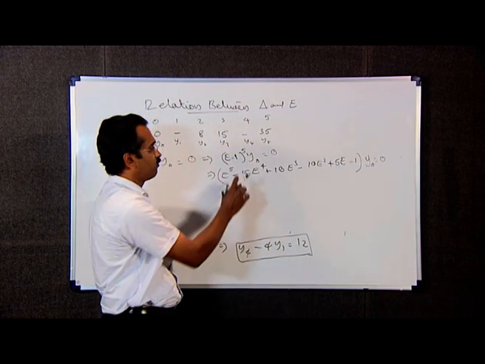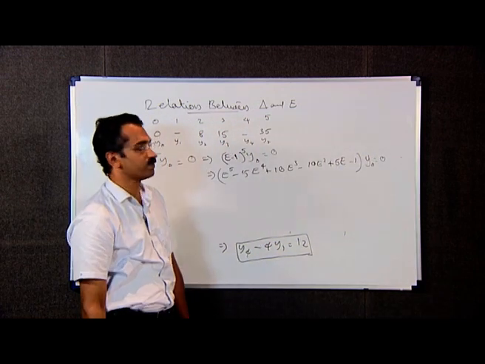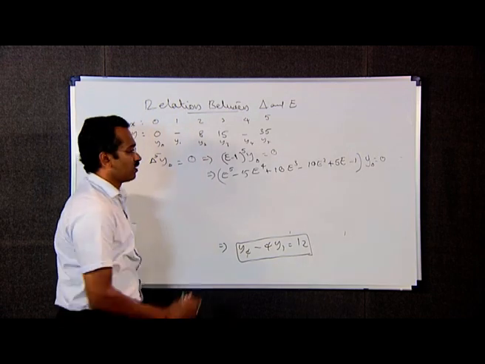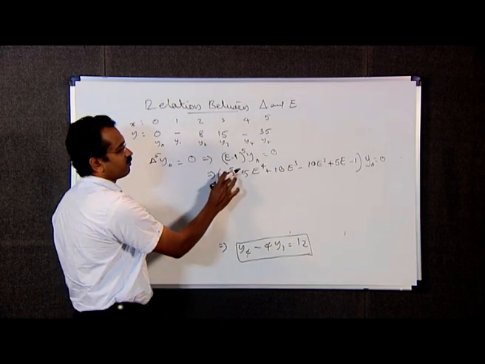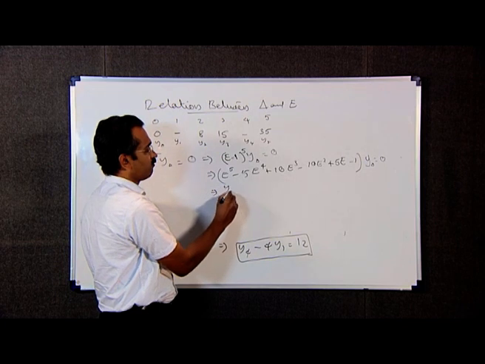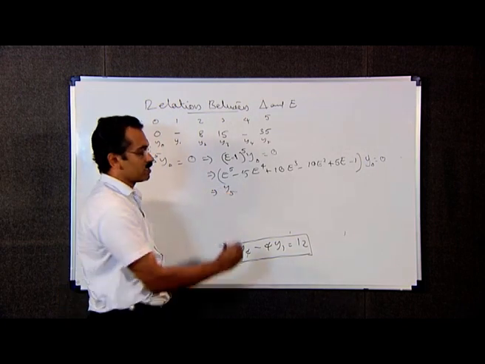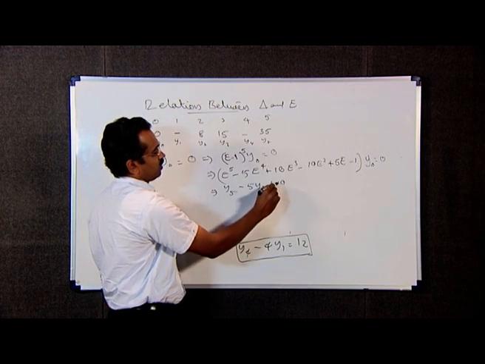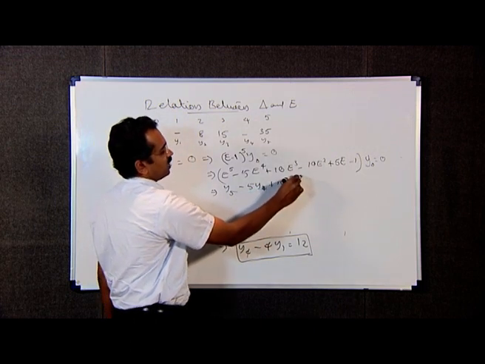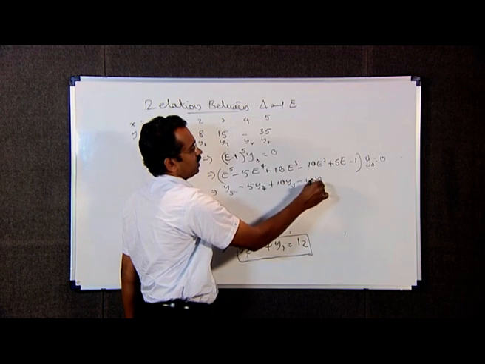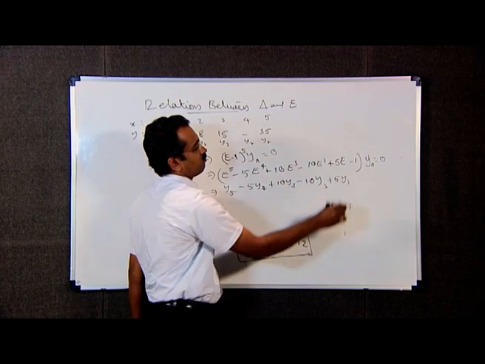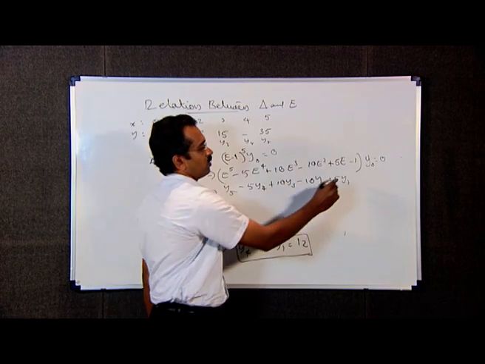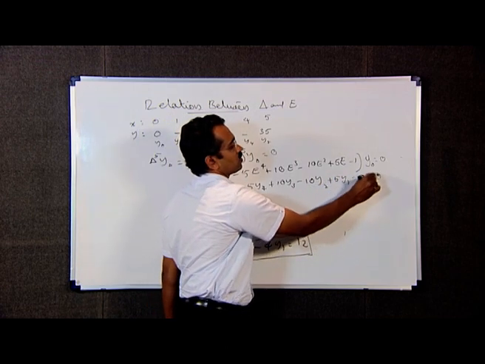By the expansion of (E minus 1) raised to 5, which gives E raised to 5 y0 is y5 minus 5 y4 plus 10 y3 minus 10 y2 plus 5 y1 minus y0 is equal to 0.